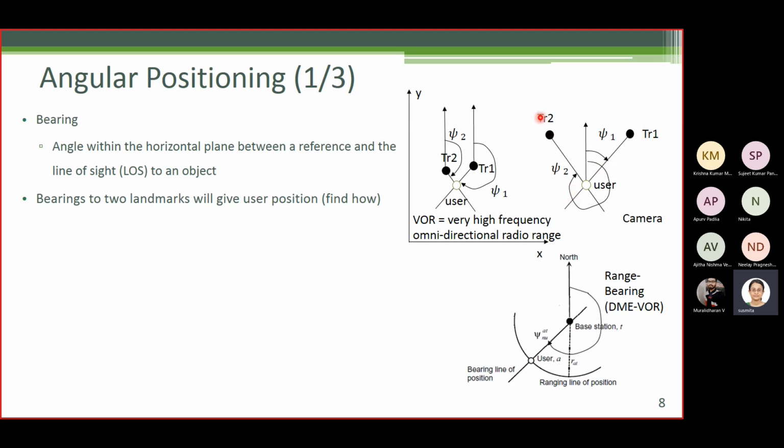Transmitter coordinates in the XY coordinate frame are known. Write the equations and find the user position. Assume that the reference direction is along the y-axis, and that the reference direction is known for this case. Is the question clear to you? What do you have to do? Yes, ma'am.